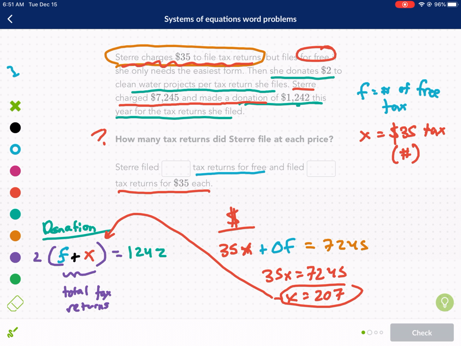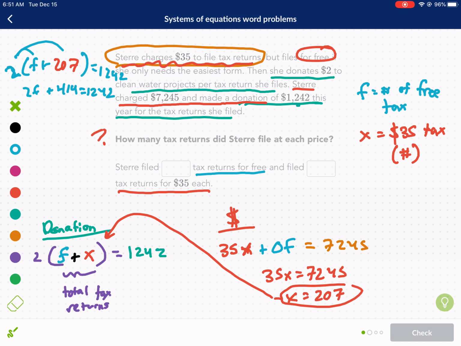So we have 2 times F plus 207 equals 1242. Running out of space. So we have 2F after we distribute plus 414 equals 1242.